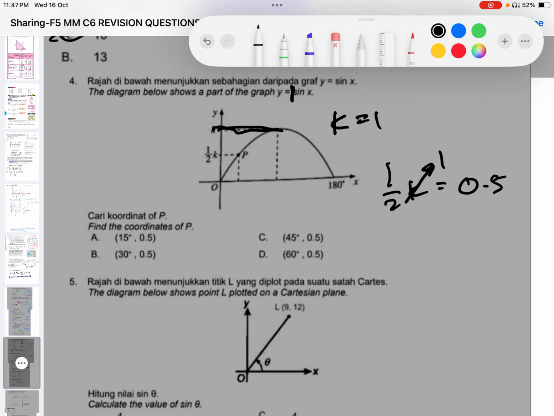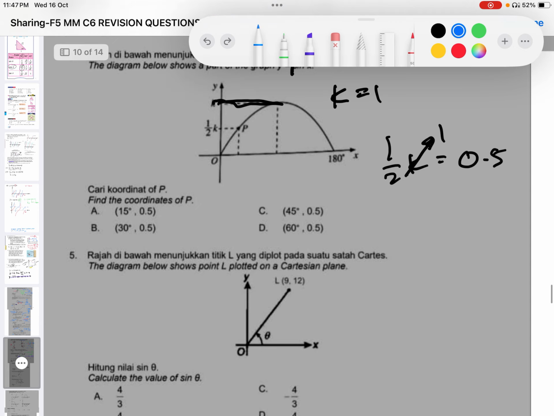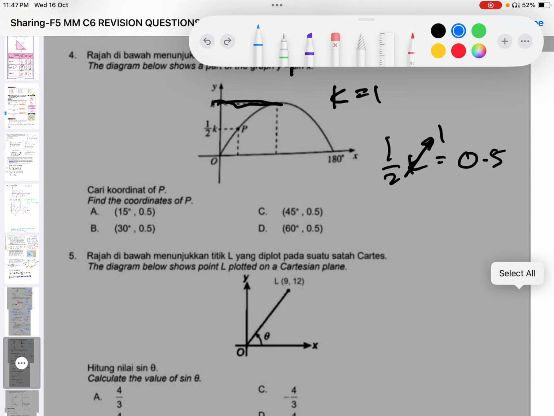So dia nak cari coordinates of P. P adalah sini. Here is P. So P akan jadi sini adalah 90. Okay, so just sini kita boleh just masukkan 0.5 sama dengan sin x.